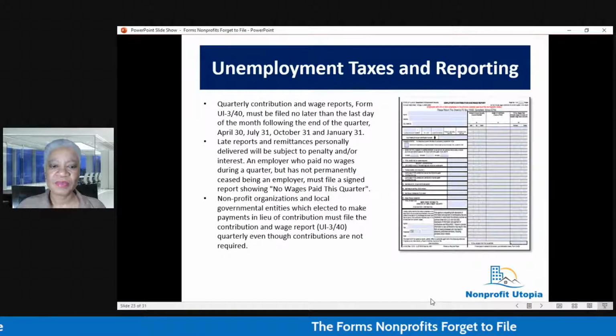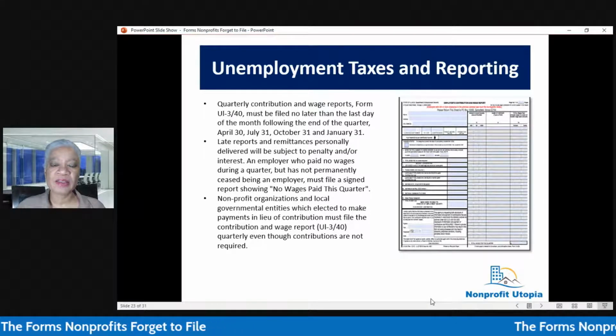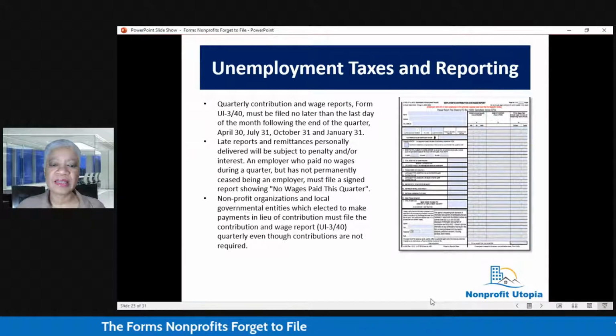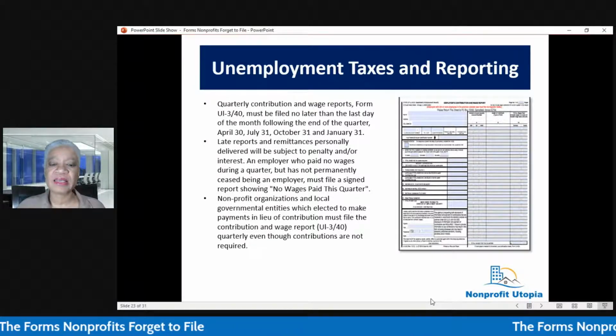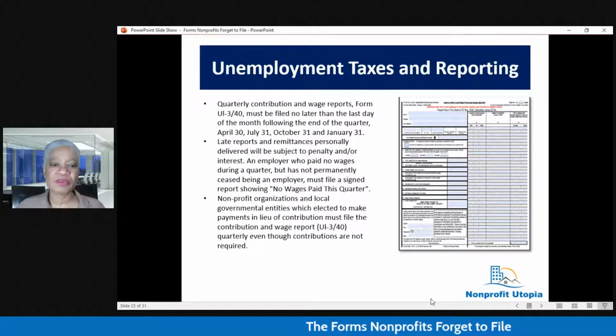All right. So this is a copy of the quarterly contribution and wage report. That's the form UI 340. And you have to again file that no later than the last day of the month following the end of the quarter. So you do this at the same time that you're filing your payroll taxes.